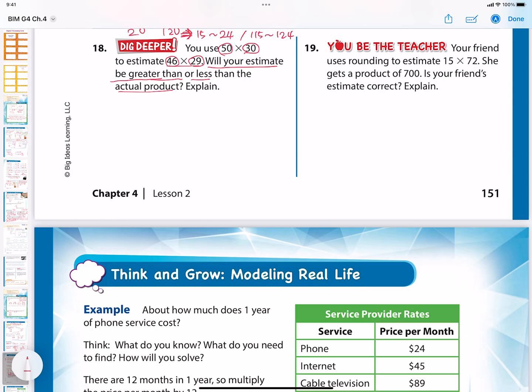That means your estimate is greater than your actual product. Make sense? Because you use a greater number than the actual number. Of course, when you multiply a bigger number, you are going to get a bigger product. That easy, right? So it's going to be greater. Why? Because you rounded, let's say you round it up.